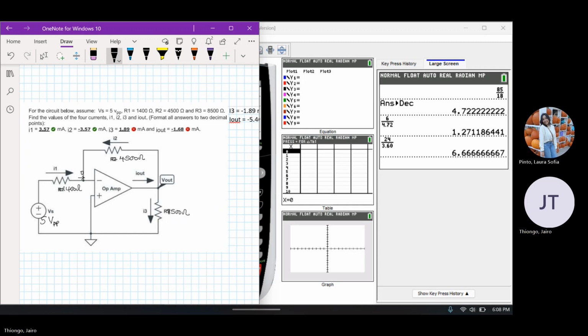R1 given here is 1400 ohms, R2 is 4500, and R3 is 8500. Find the values of I1, highlighted here, I2, I3 and I out.